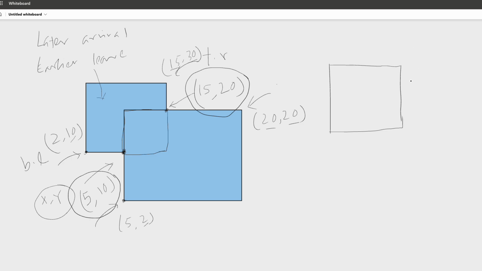This one is a rectangle and this one is another rectangle.